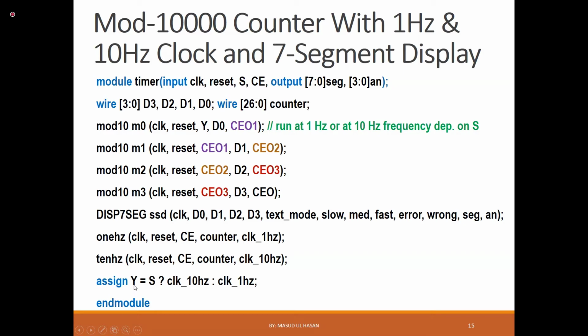This is the system clock. All are working as system clock. We are playing with this CE, which is 1 hertz or 10 hertz. The first CE is running at this output of the multiplexer. The rest is the same clock. All are system clock.